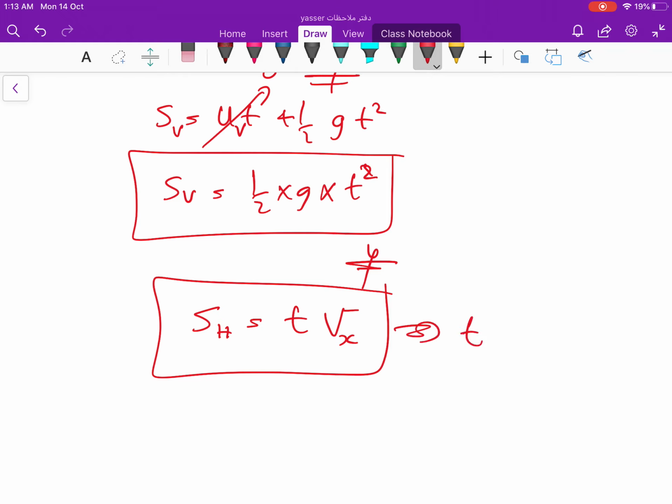And also we can find the time by knowing the horizontal displacement and the horizontal velocity, and we can use the time here to substitute. So time is a scalar physical quantity, so whether we use the vertical equations or the horizontal equation for calculating the time, it will stay the same.